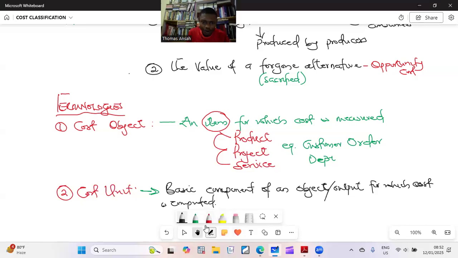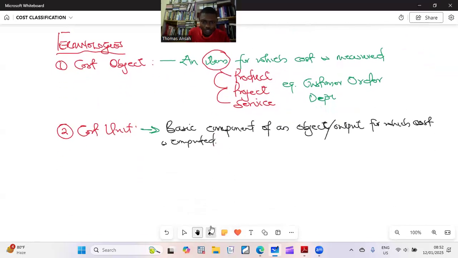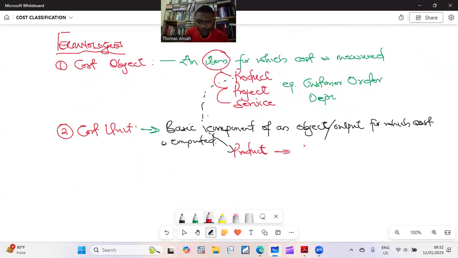Let's say our cost object was a product. What product is that? Let's say it is a car. We can measure the cost of the car. But what are the cost units?